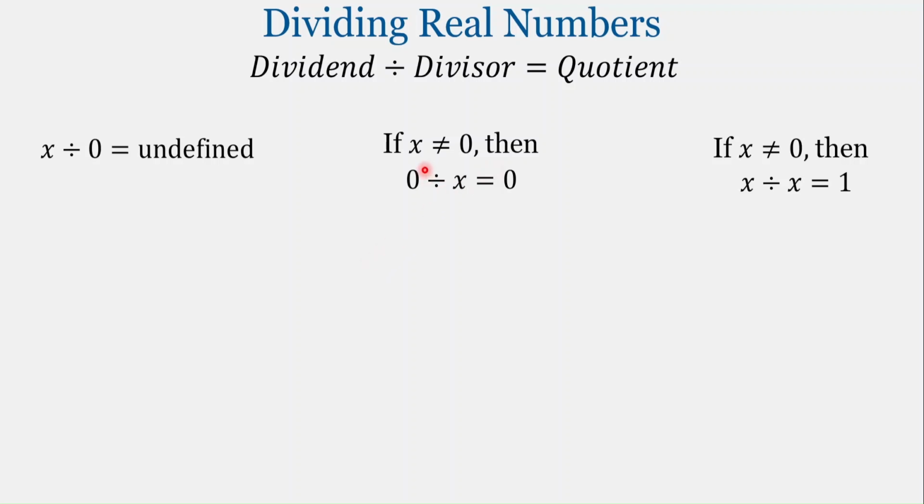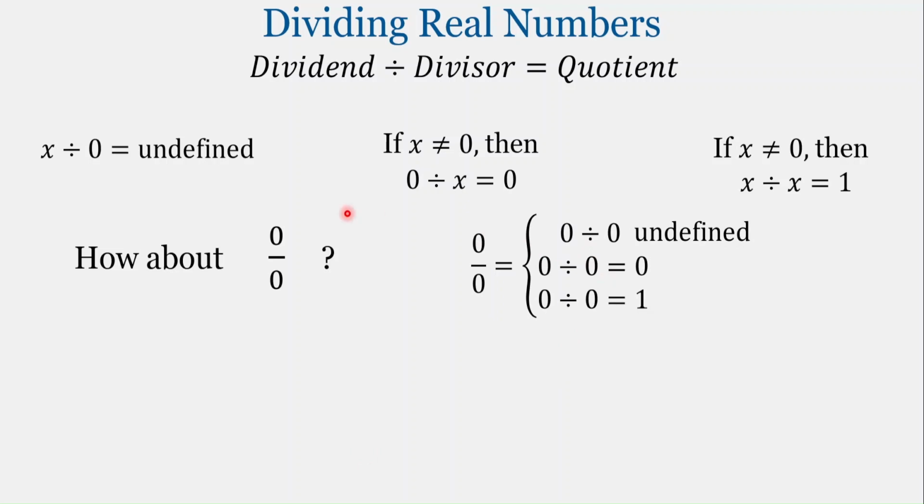Well, what happens when x is equal to 0? Now we have both the numerator and the denominator equal to 0. If division by 0 is undefined, then 0 divided by 0 should also be undefined. But if 0 is in the numerator, then it's 0. But we also have the same numerator and denominator, and that's 1. So which one of these three options is true?